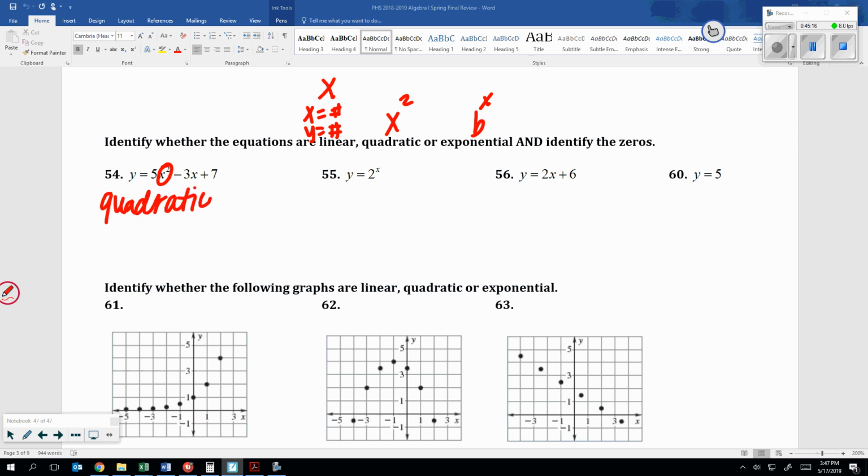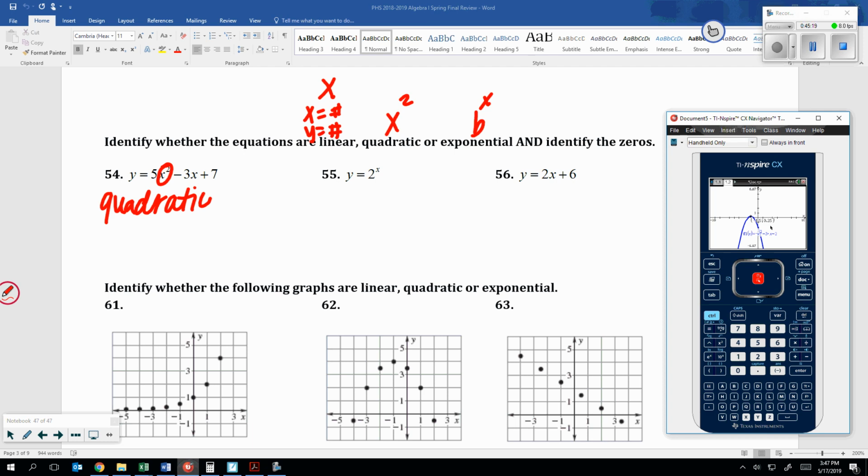And then we can go to our calculator, and if we go to menu 331 to find its solutions, then we type in 5x squared, so 5, -3, and 7. We get an empty box, which means that it has no solution.